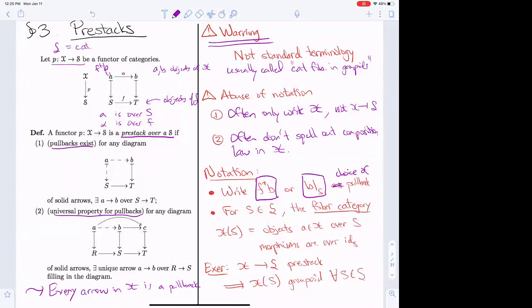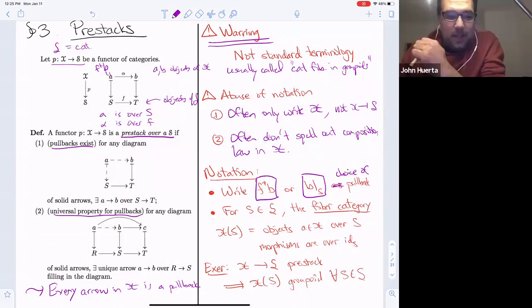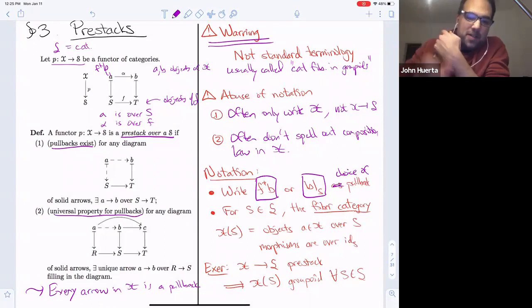That's correct? Yes, it's unique. So you're kind of abusing notation and writing these vertical arrows as if they were morphisms, even though it's just mapping an object down with the functor. Yeah. And that's a nice picture, but if I was going to imitate the picture of a pullback, then I wouldn't have A sitting over R. I would just have A mapping down to S.